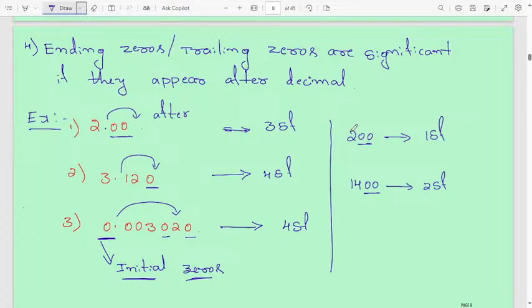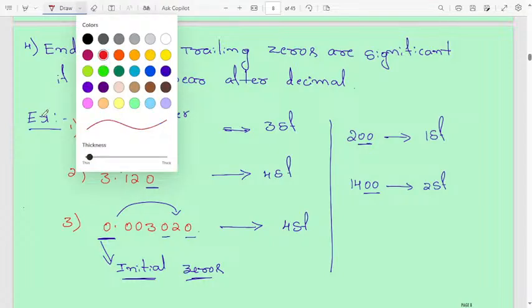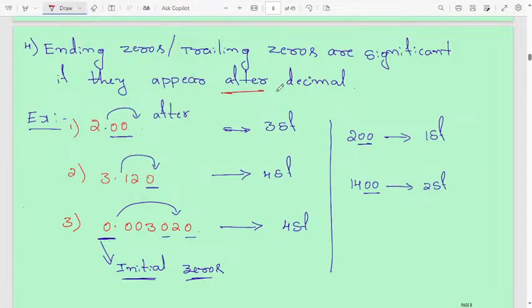Here you don't have any decimal, here also you don't have any decimal, that's why these two zeros I will not consider as significant. That's why understanding the rules is very important. Ending zeros we will consider significant after the decimal. Initial zeros we will not consider as significant.